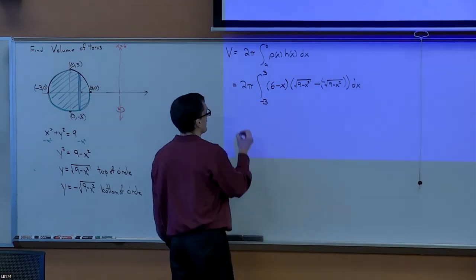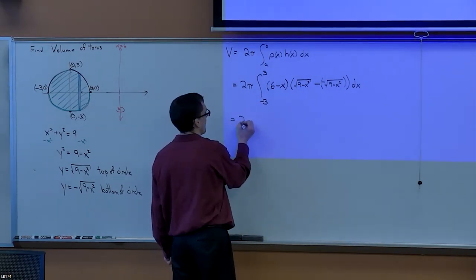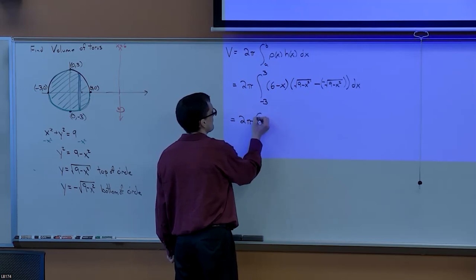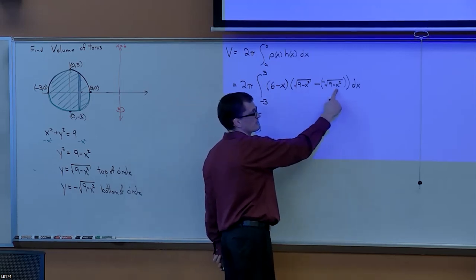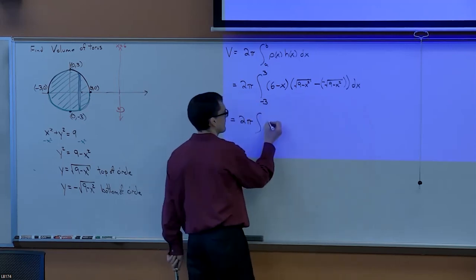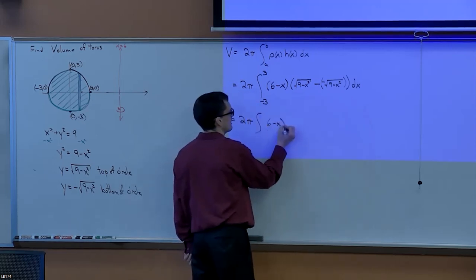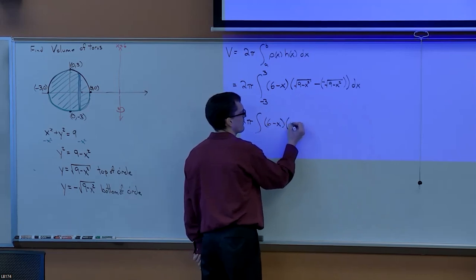And by the way, if I take square root of 9 minus x squared plus another square root of 9 minus x squared, you can rewrite that.